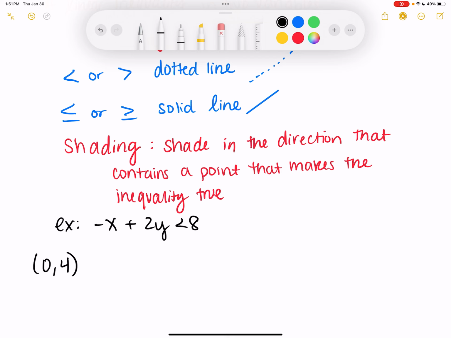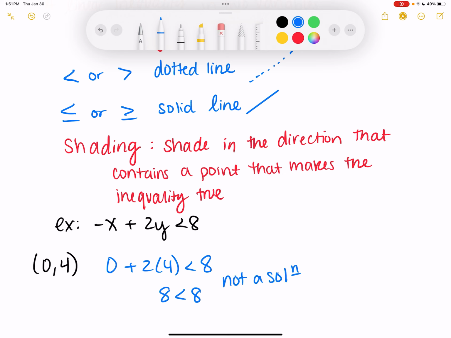Negative 0 is 0, so 0 plus 2 times 4 is less than 8. So I get 8 is less than 8. Is that true? No. Not true, so this is not a solution.